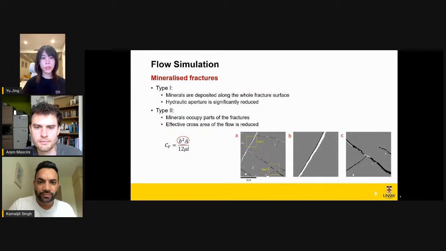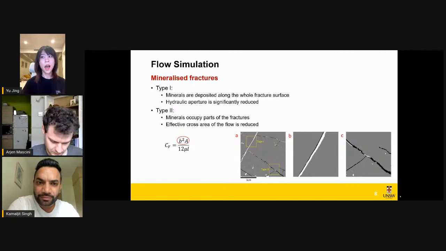Because most fracture networks are mineralized, my model will also determine whether a fracture is mineralized or not, and if it is, what type of mineralization it belongs to. There are commonly two types of mineralized fractures. One is as shown in figure B, where the fracture is fully mineralized.